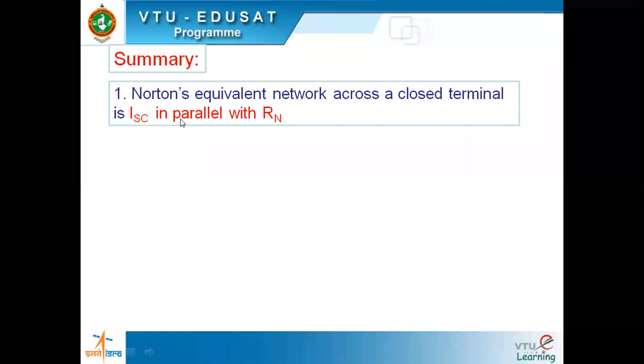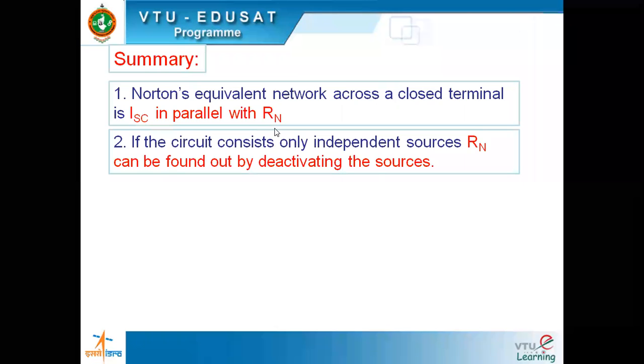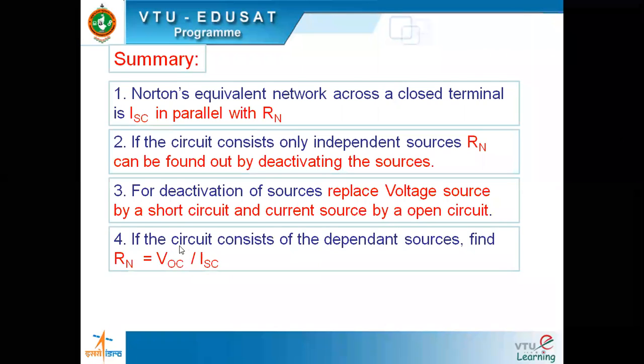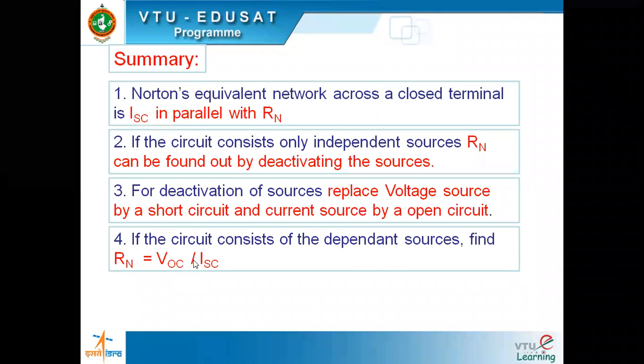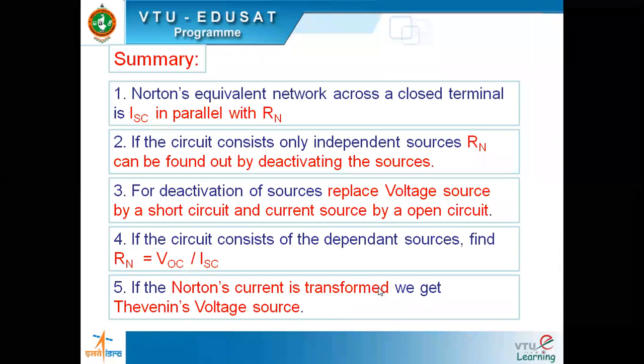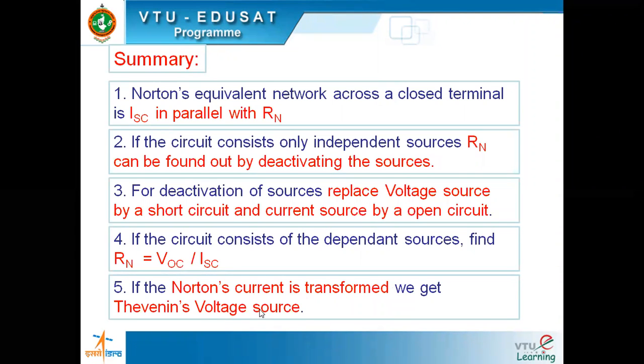Everybody understand that? What is the summary now? Norton's equivalent network across the closed terminal is ISC in parallel with RN. If the circuit consists of independent sources, RN can be found out by deactivating the sources. For deactivation of the sources, replace the voltage source by short circuit and current source by open circuit. If the circuit consists of dependent sources, find RN by using VOC by ISC. If the Norton current is transformed, we get a Thevenin's voltage source.